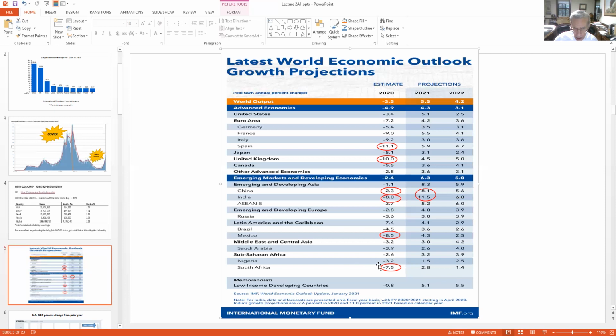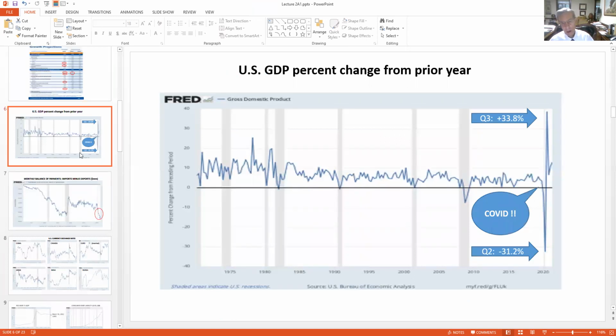And to the extent that these economies have suffered and still may be suffering, notwithstanding these friendlier estimates from the IMF, not all those estimates will come true because COVID and the Delta variant continue to impose hardships on some of these economies, making it more difficult for the US to trade productively with those countries.